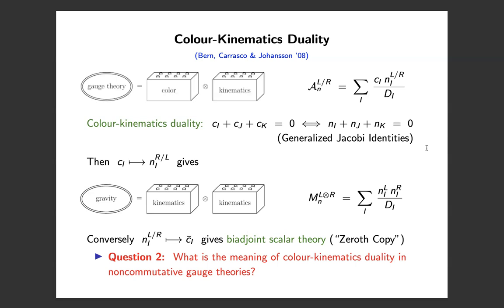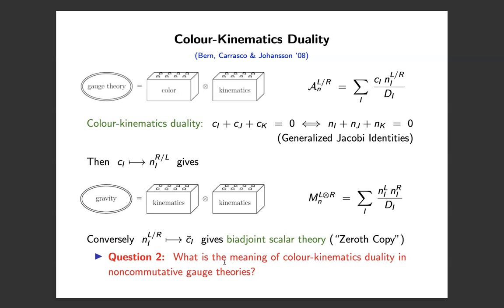And now the second and final question I'm going to address in the talk is: what is the meaning of this color kinematics duality in non-commutative gauge theories? So what does this mean when we look at amplitudes in, say, non-commutative Yang-Mills theory? And why is that a question?